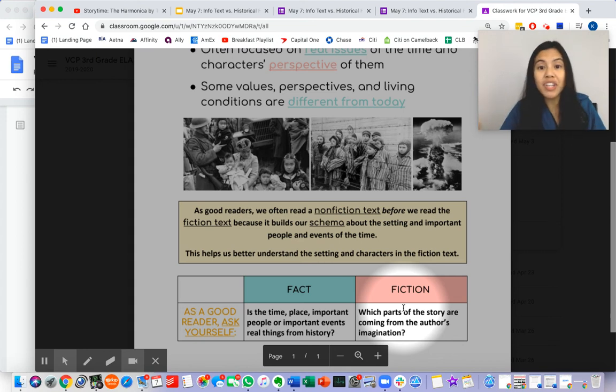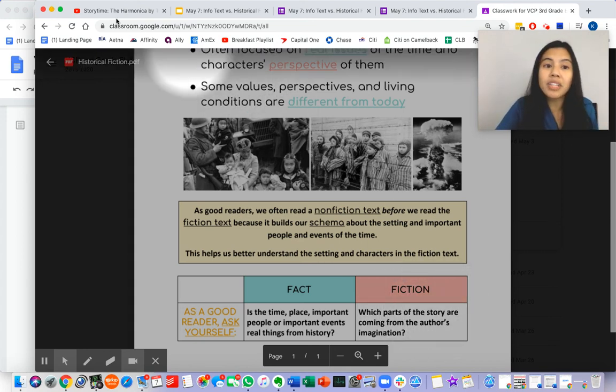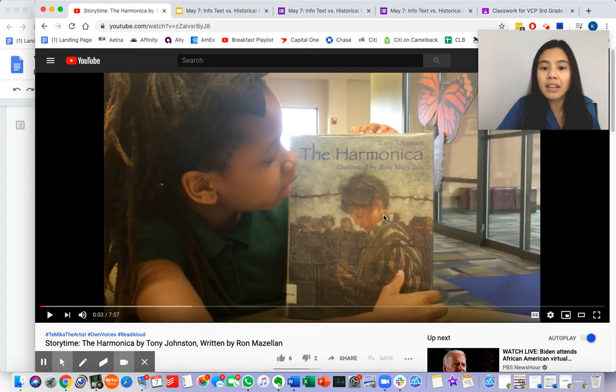That is fiction. Similarly, in The Harmonica, the boy who we'll be reading about today may be experiencing things that Jewish people experienced during the Holocaust, but his experiences come from the author's imagination.